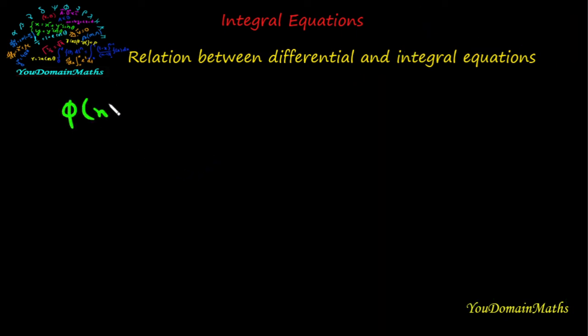So we get the linear integral equation, that means 1 plus the integral from 0 to x of e to the power t, that means phi of t dt. Now this is a linear integral equation.